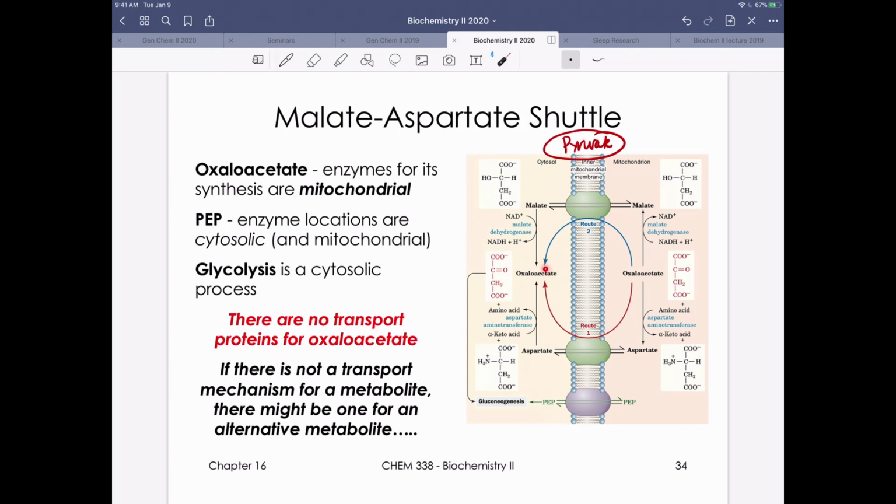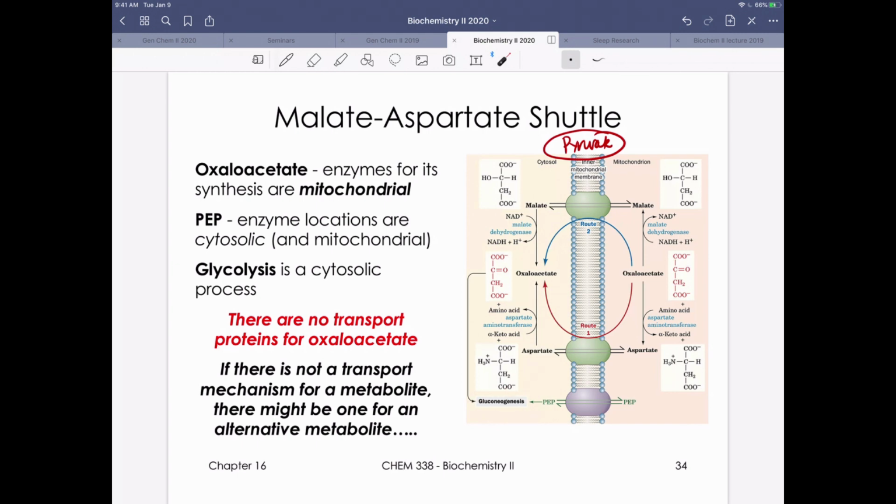So now we've got oxaloacetate out in the cytosol. It's ready to go through and do gluconeogenesis. One of the things to highlight here is you also have the ability, remember that PEPCK, the enzyme that converts oxaloacetate into phosphoenolpyruvate, exists in the mitochondria. So you can take oxaloacetate, convert it into phosphoenolpyruvate, and then shuttle that out to continue gluconeogenesis.